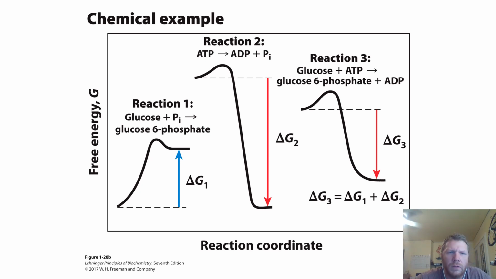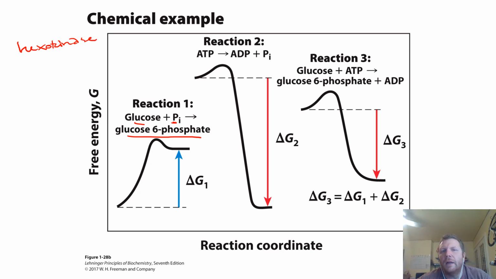So I'm going to write that over here. Hexokinase. Now, hexokinase is the first reaction in the breakdown of glucose. Hexokinase will catalyze a reaction taking glucose and Pi, also known as inorganic phosphate, and it will produce glucose 6-phosphate.